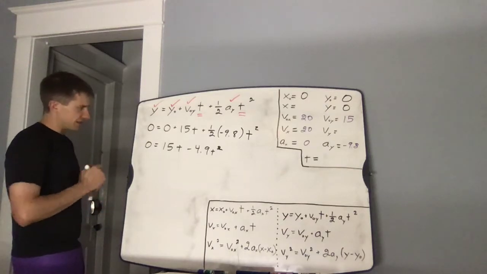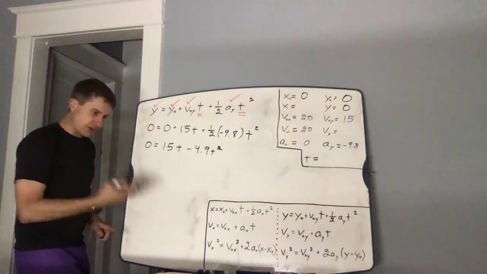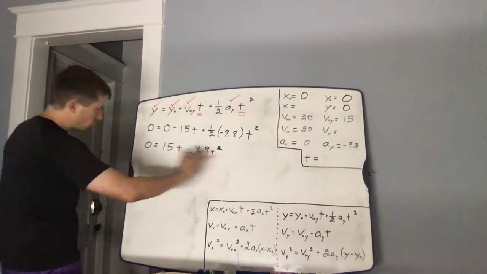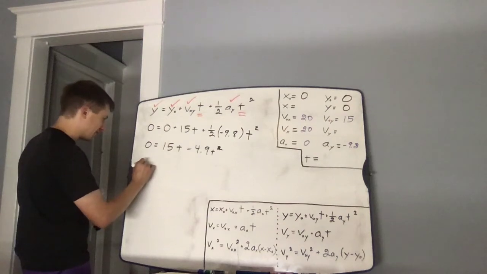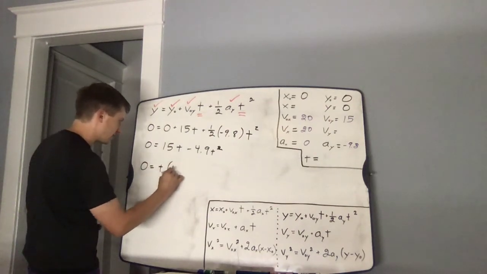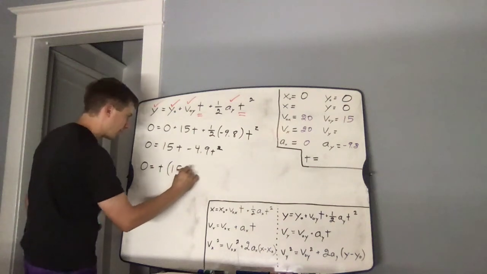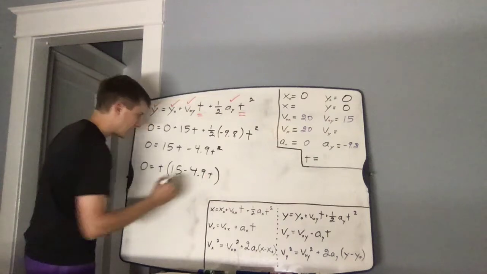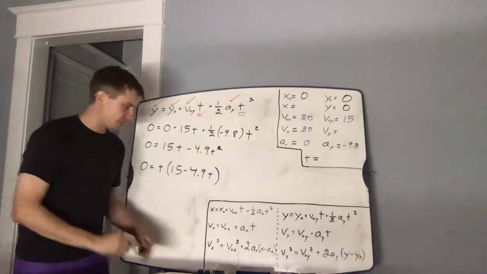What I'm going to do next is I'm going to leave the physics behind for a moment and do some math. So I could write this line as 0 is equal to t times (15 minus 4.9t). I could write this line like this.